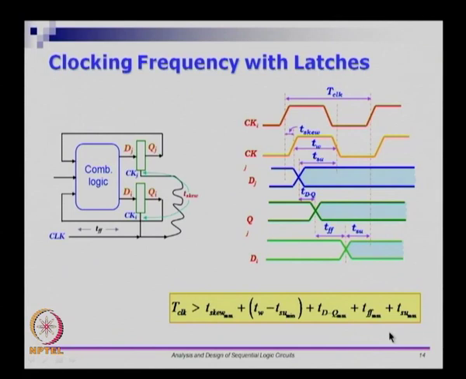We want to keep the data input stable for one full cycle, we do not want intermediate changes. So, this expression T clock tells me that for a latch we have to be more careful, there are a lot more parameters involved, and your T clock should be greater than this expression here. So, I also suggest that just like what we did earlier, you go and argue why the maxes and mins are here, and also convince yourself that this expression is correct.